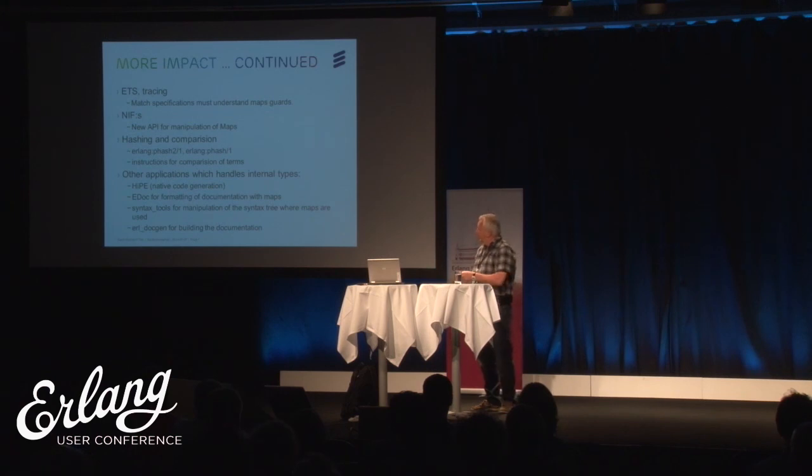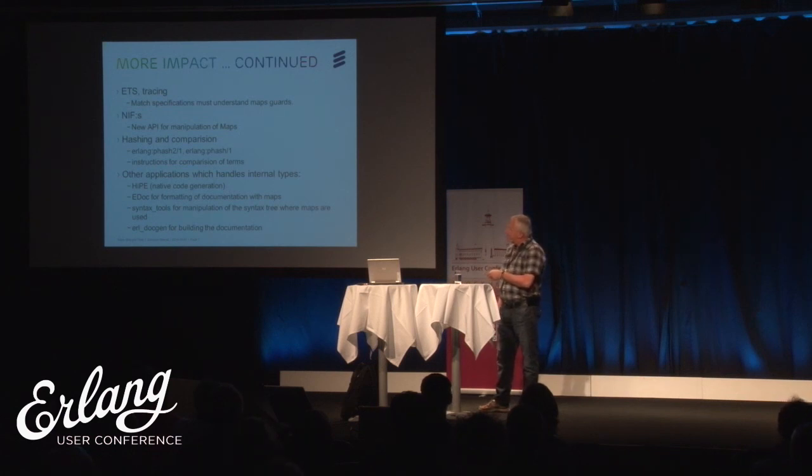We have more. We have ETS and tracing, where we have match specifications, which must know about maps. NIFs, you need an API to manipulate maps. You must be able to do hashing and comparison with maps.